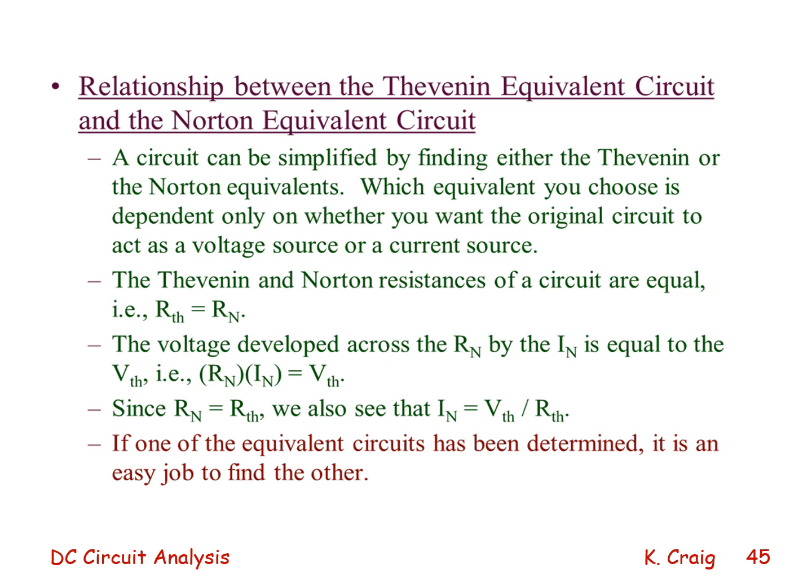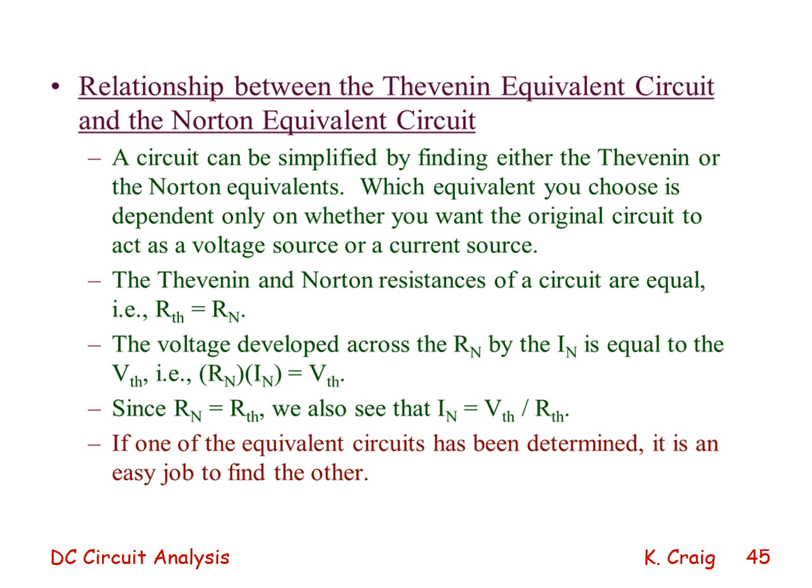The Thevenin and Norton resistances of a circuit are equal. R Thevenin equals R Norton. The voltage developed across the Norton resistance by the Norton current is equal to the Thevenin voltage. That is, R Norton times I Norton equals V Thevenin.